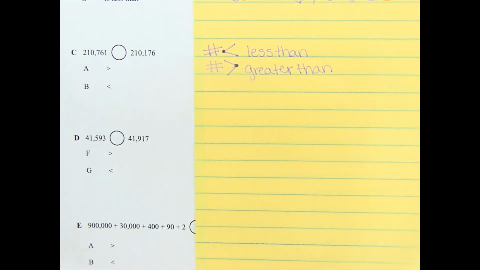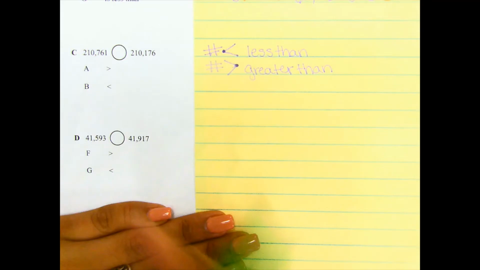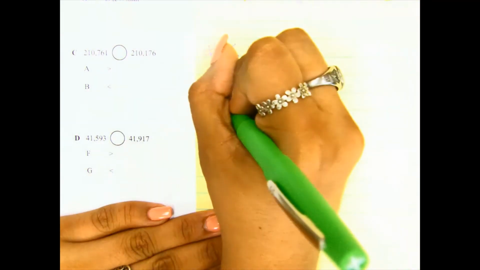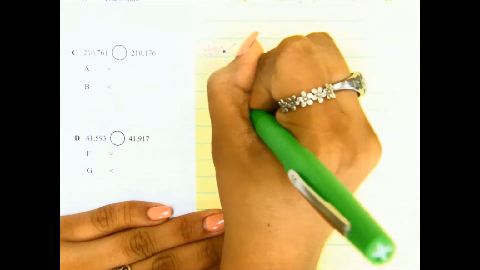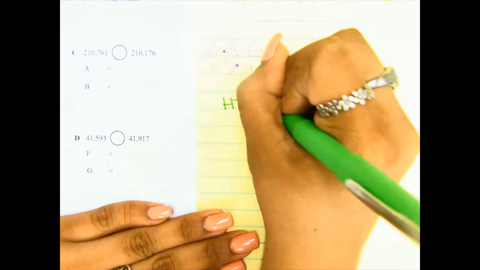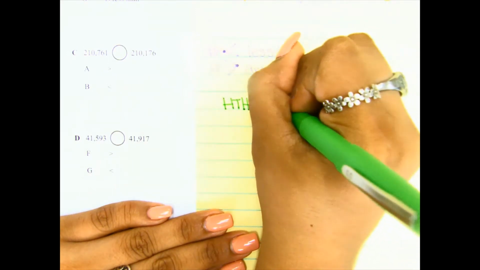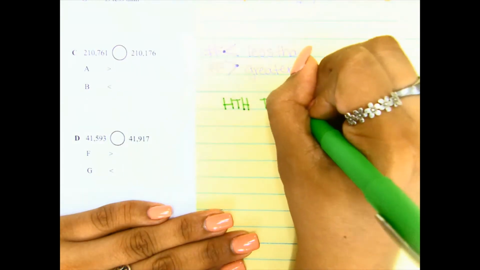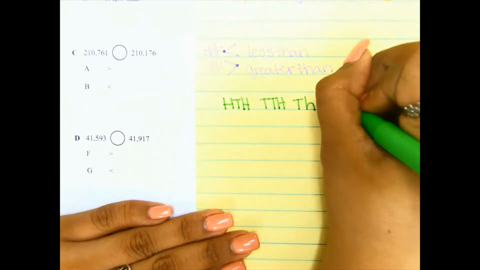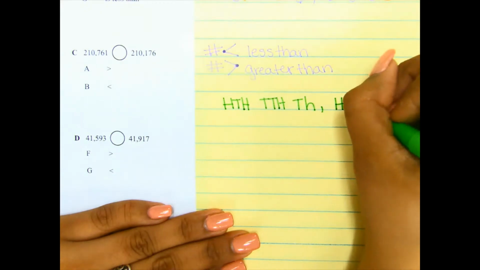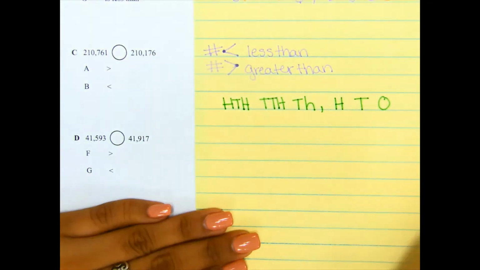So for letter C, I have also a number in my 100,000s place. So again, I am going to label my place value chart. Please do this as well. This is my 10,000s, and then this is my thousands place, my hundreds, my tens, and my ones.